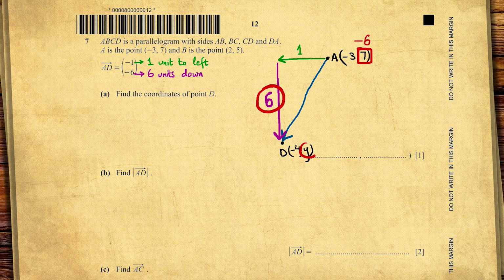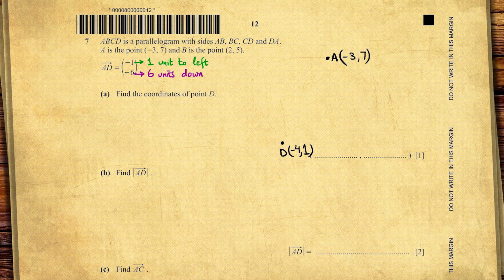So 7 minus 6 will give us the y coordinate of point D, and 7 minus 6 is 1. So we have the coordinates of point D, (-4, 1). We had to find the coordinates of point D, so we can write it in the answer space, (-4, 1).